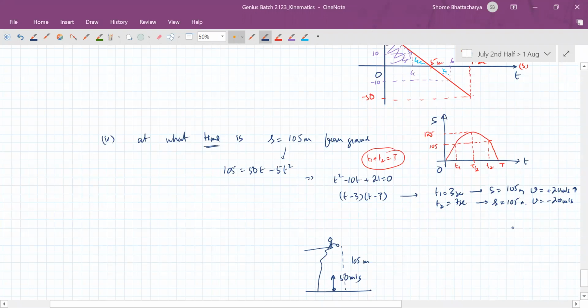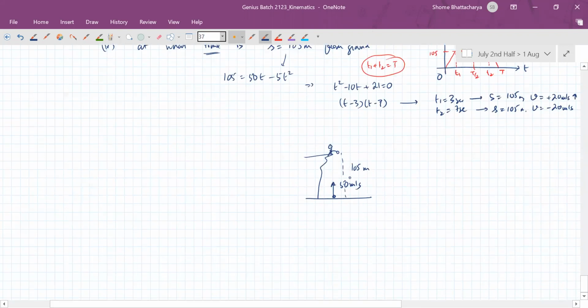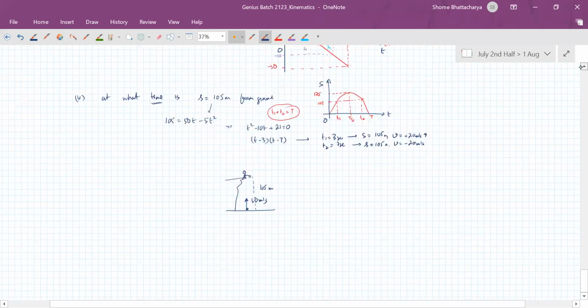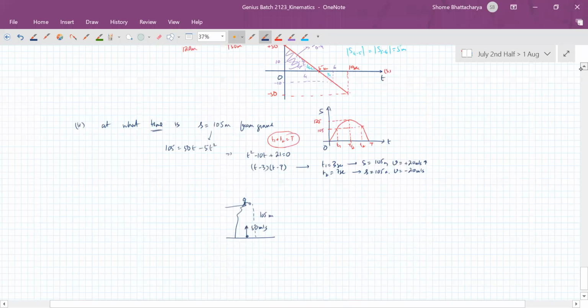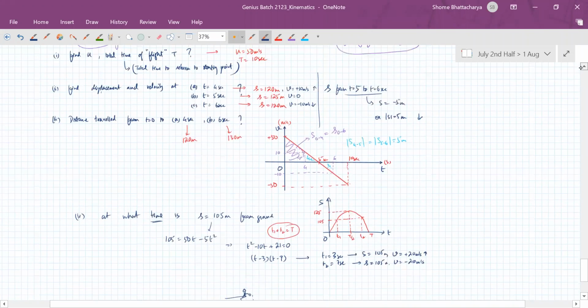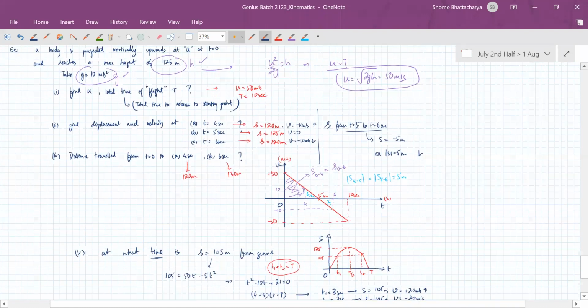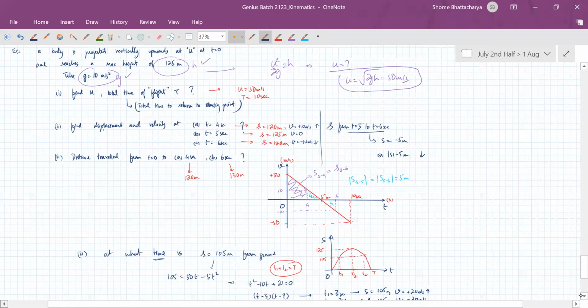Sir, can you scroll up? Yeah, sure. Okay, this is fine, beta. Oh, I wanted to see the graph.